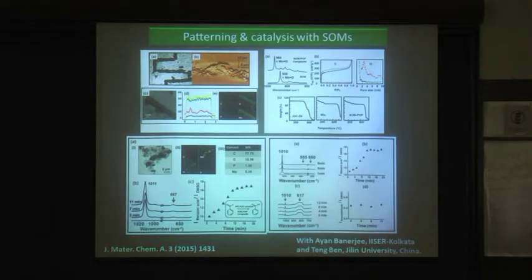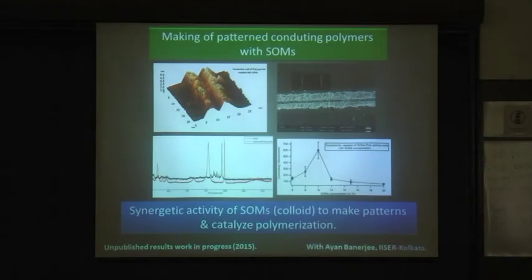So now we merged back, and we are doing this now with Oyon again, the capacity of polymerization with the patterning in the soft oxometalates, and this time, if you remember, we showed that we are able to make polystyrene. So this time we made a more useful one, the conducting polymers.